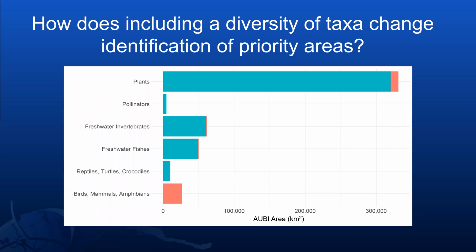If you designate ABIs just with data from birds, mammals, and amphibians, you'd entirely leave out almost 1,200 plants. So think about how many state wildlife action plans don't even consider plants, and yet many of them provide conservation blueprints for their states. So this analysis shows the importance of embracing taxonomic diversity in our conservation priorities.